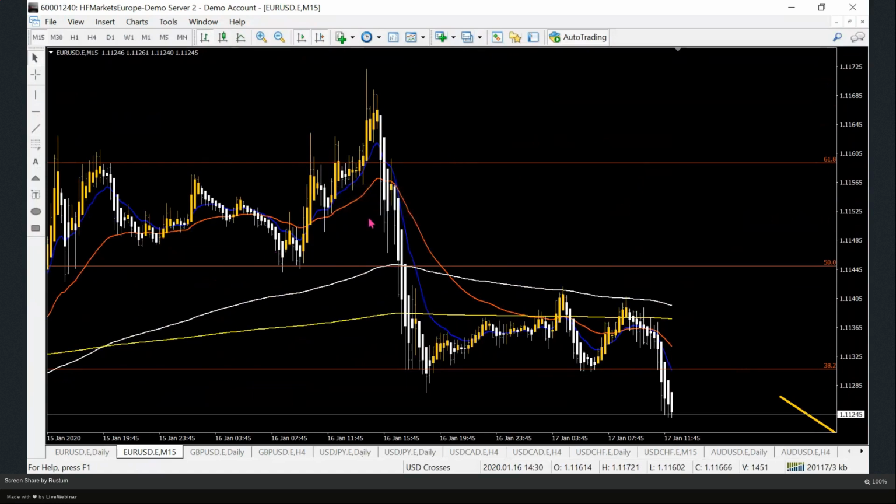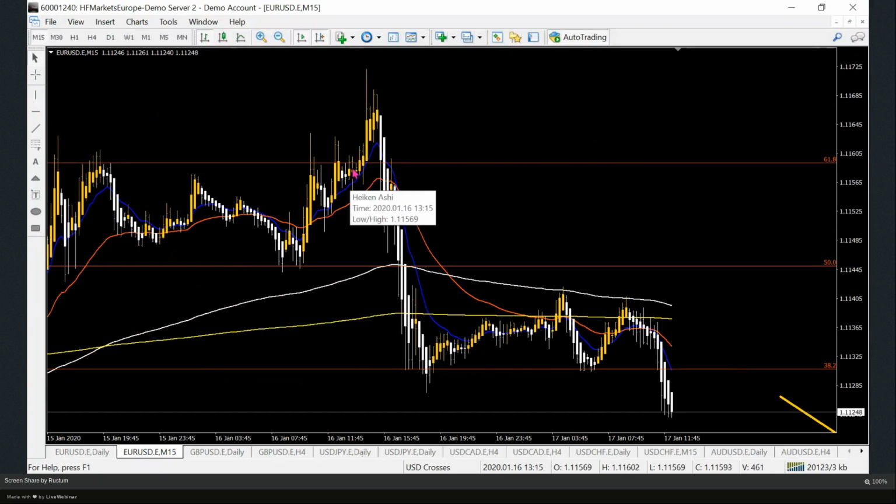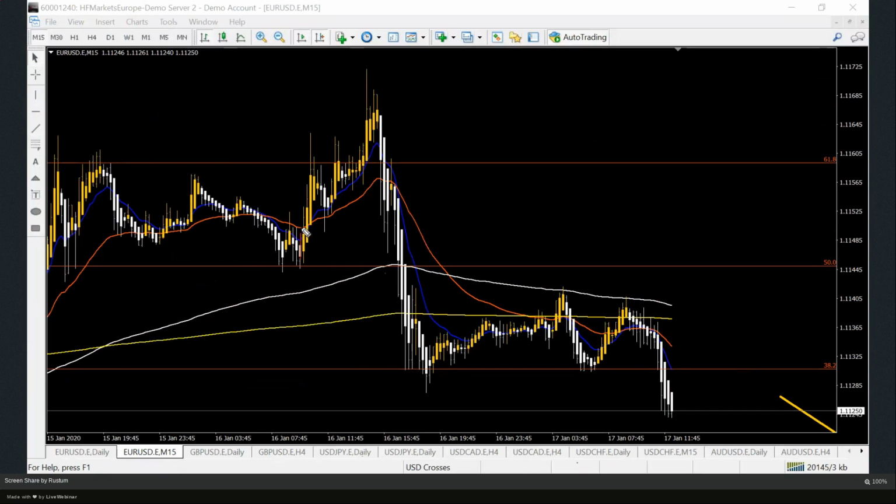So I'm interested in finding an M pattern here because I want to go short. So let me draw the M for you. This is the M. That is the M. How high it went there makes me interested, and it makes me able to qualify the M. So how high did it go?